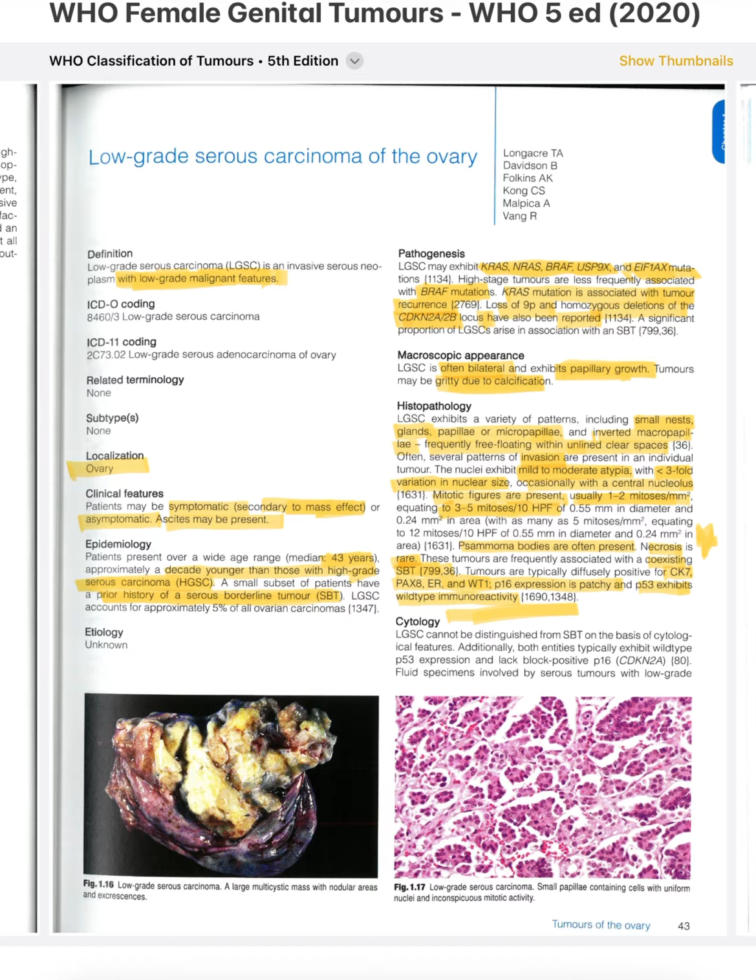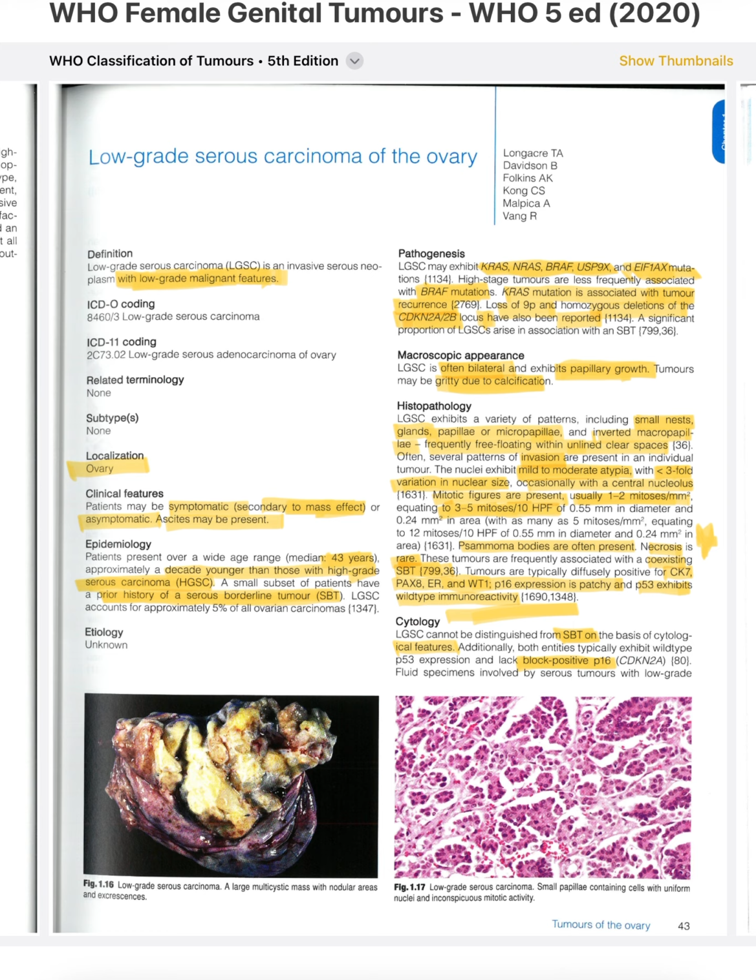If we talk about the cytology, low grade serous carcinoma cannot be distinguished from serous borderline tumor on the basis of cytological features. Additionally, both entities typically exhibit wild type P53 expression and lack block positivity for P16.